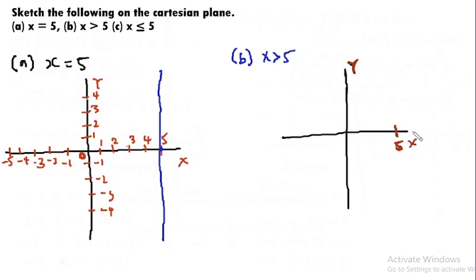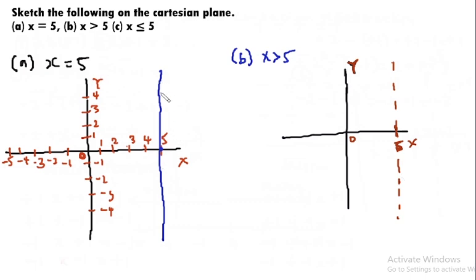So that means after 5 we have 6, 7, 8, 9, 10. Before 5 we have 4, 3, 2, 1. And then this is 0. So to draw x is greater than 5, because we have greater than here, we are going to be using a broken line through this point of x equals 5. So this is it. But we are not done.